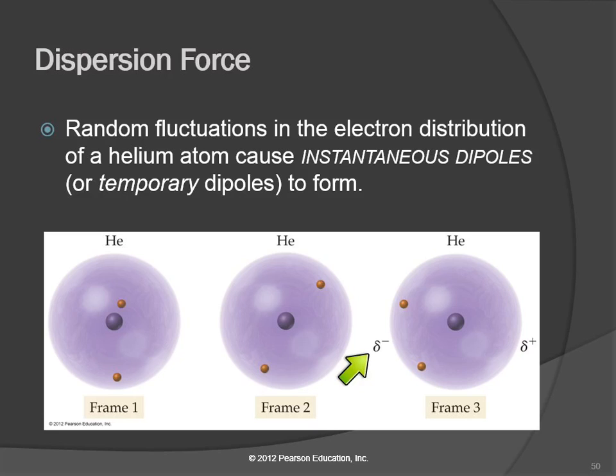This is not an ion. An ion would have a -1 or a +1 charge or +2 or something. This is a fraction of a charge. So maybe 1/3 of a charge or 1/10 of a charge, but a little bit. And then there's an equal but opposite positive charge on the other side.